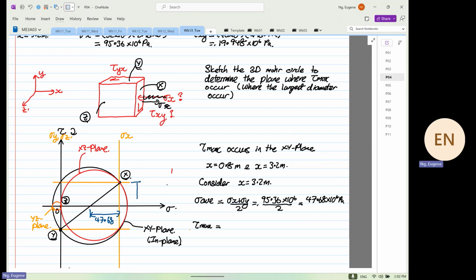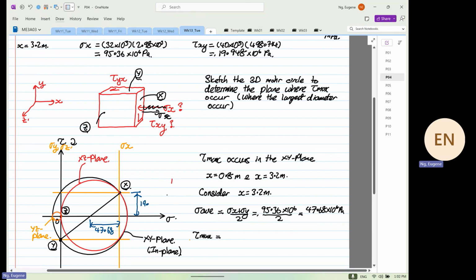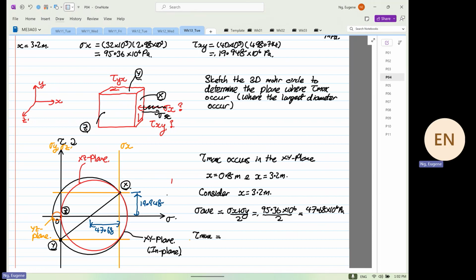And we know that this distance for x is equal to 3.2 is 19.948. So to determine the radius, this is the radius, and the radius is equal to our tau max.